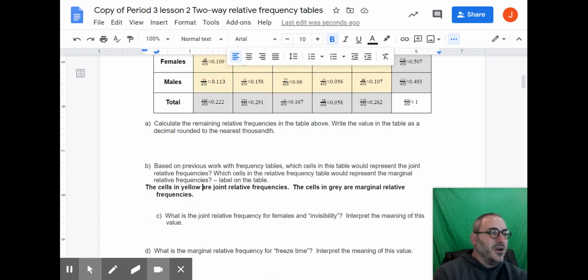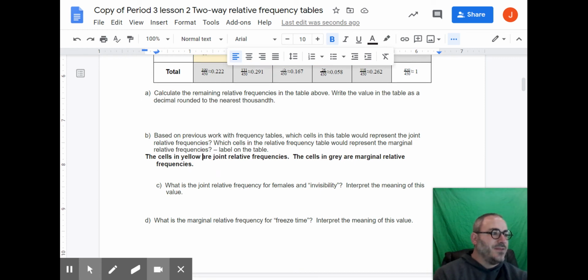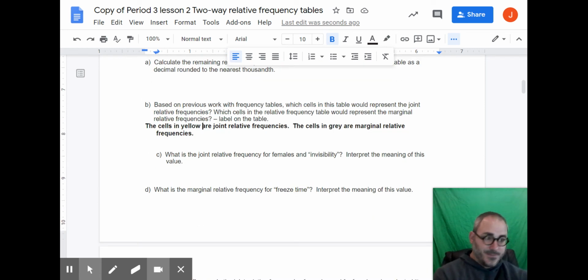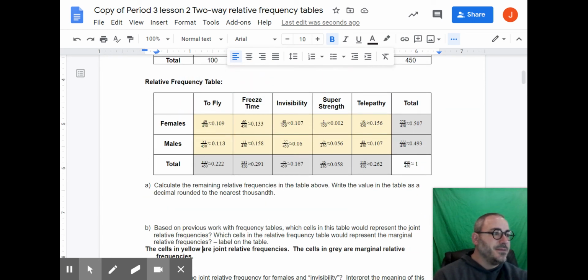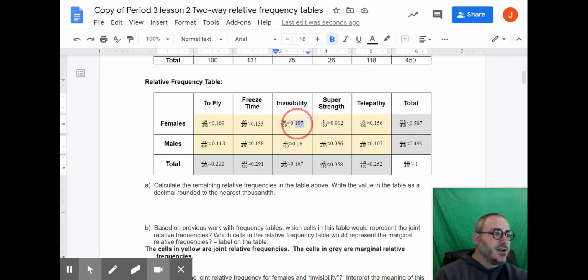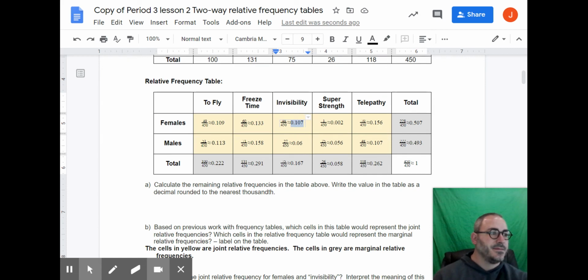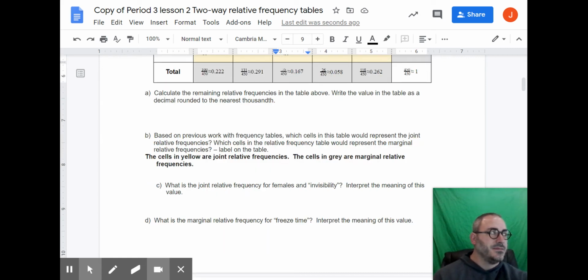All right. What is the joint relative frequency for females and invisibility? Interpret the meaning of this value. Okay, so let's go back up. Females invisibility. It's 0.17, right? Sorry, I said that wrong, actually.